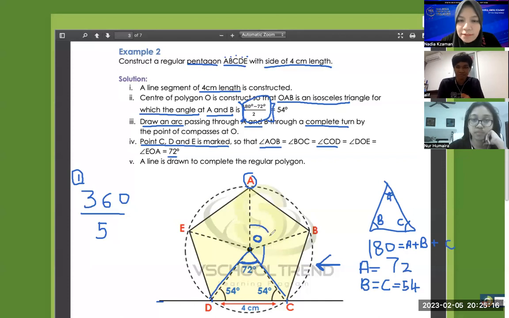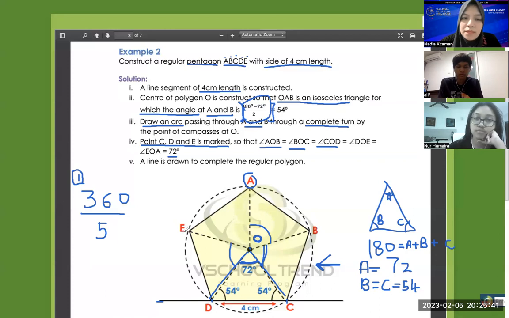We get this angle. We have BOC, where B, and then O, and then C. You get this angle. And then C, O, and D, you get this angle. And then D, O, E, you get this other angle.